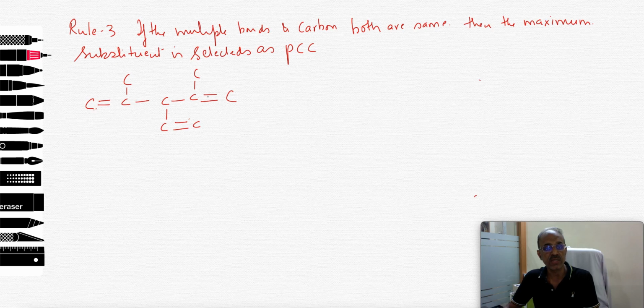Here also I get two multiple bonds and 5 carbon atoms. If I go from here to here, then also it is 5 carbon atoms and 2 multiple bonds. Now from which side should I go?